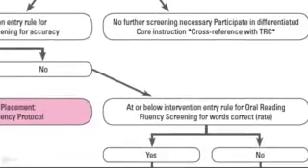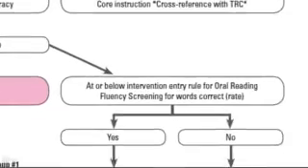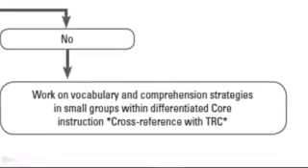For this group of students, we will examine the oral reading fluency score for words correct, or rate. If there are students who don't meet the intervention entry rule for accuracy or rate, these students will likely respond to differentiated core as we pay close attention to growth in vocabulary and comprehension.